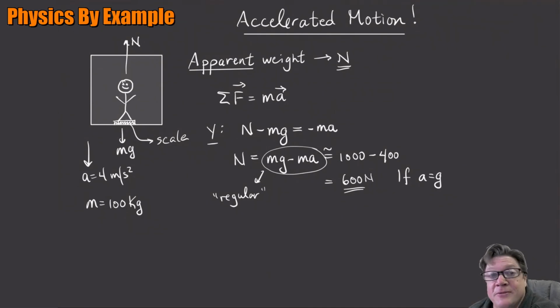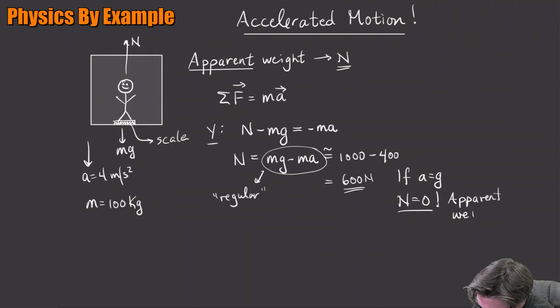They're just going fast enough sideways so they don't crash into it. We'll see that later. Okay, so free falling means N is 0. This is apparent weightlessness.